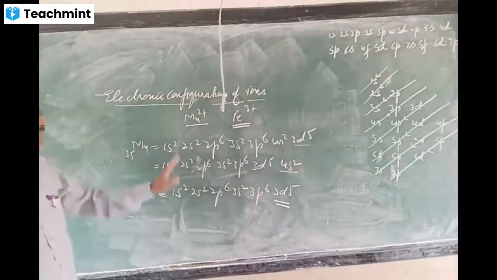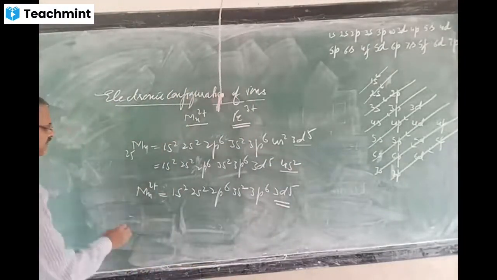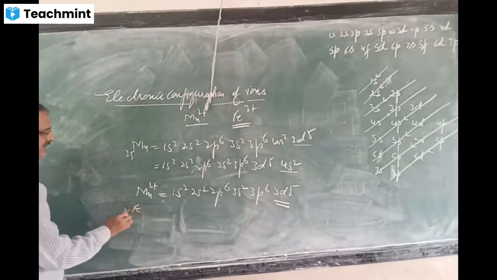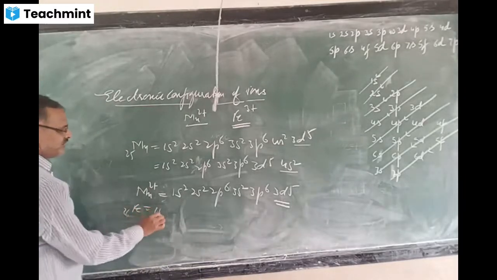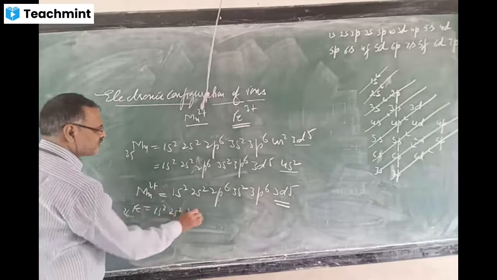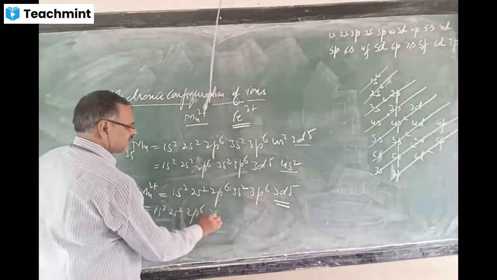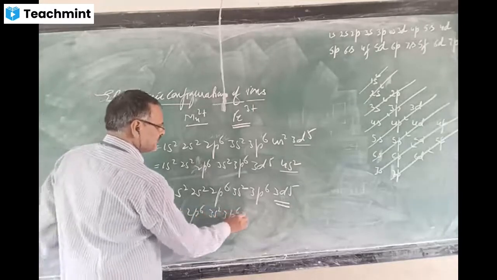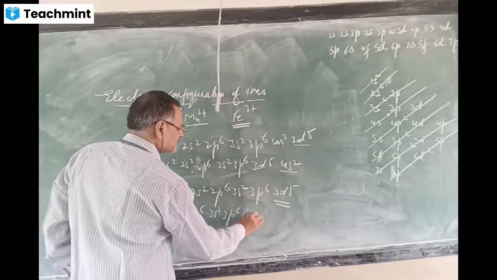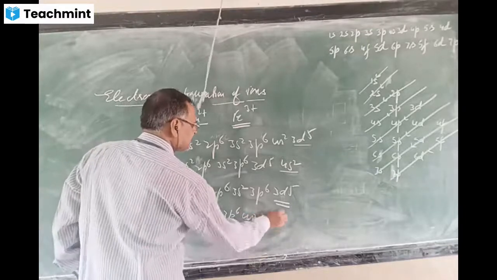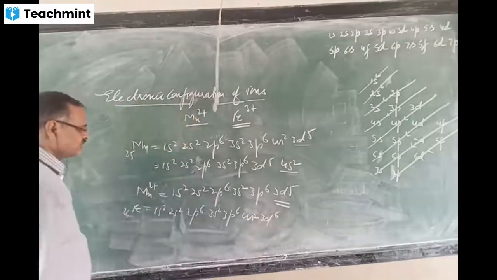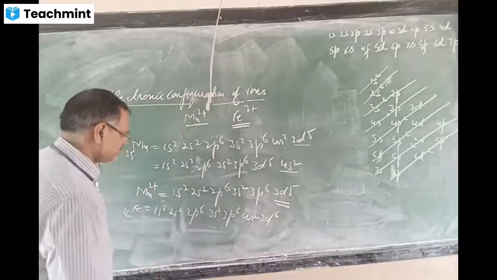In the same way, if you want to write for iron, atomic number 26: 1s2, 2s2, 2p6, 3s2, 3p6, 4s2, 3d6. 10, 20, 26.